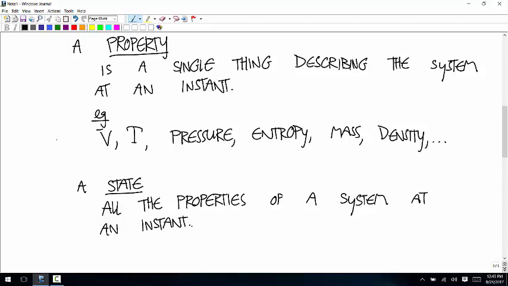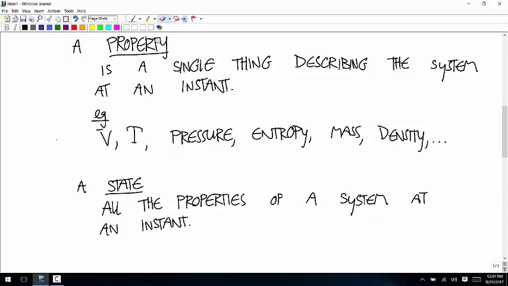So if we took a picture of the room right now, and somebody's writing, you could say the person writing is a property, and the person has dark hair, that's a property. And all of these properties are part of defining that person at that instant, and that's the state.